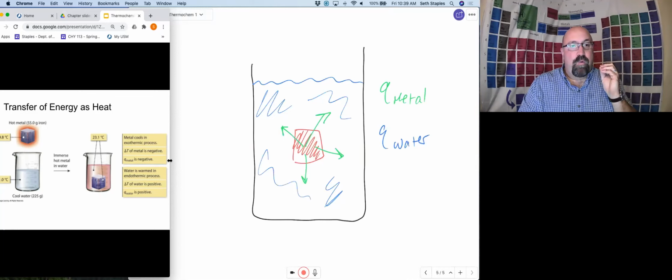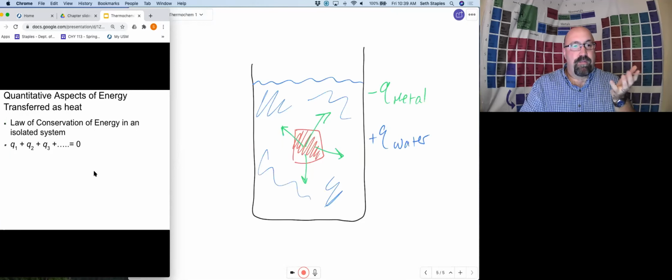And so the Q of the metal, since the metal is losing its energy, it's cooling down in an exothermic process, the Q of the metal is going to be negative. The Q of the water is gaining the energy that the metal loses. The Q of the water is positive. Law of conservation of matter tells us that those two energies combined have to be equal to 0.